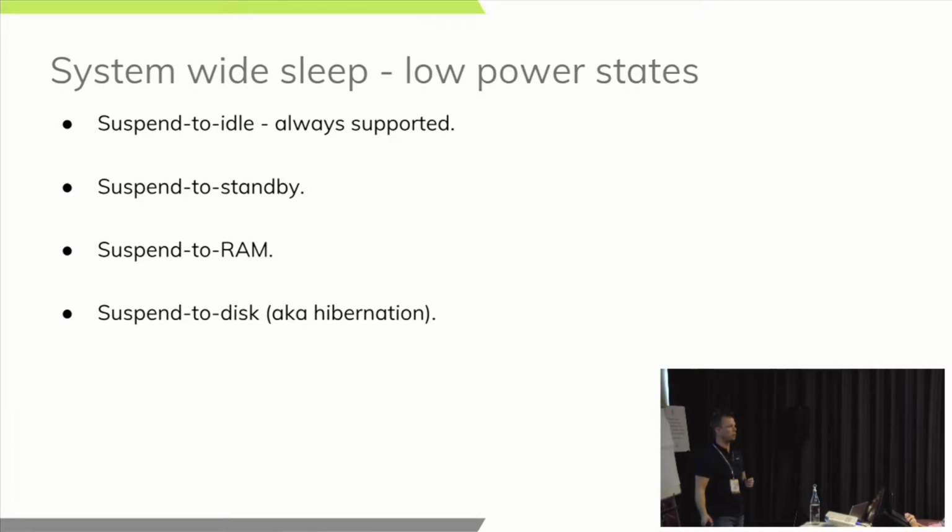When you power the system on again, you will see that this image is there, and you use it to restore the state of the system. So you are able to boot much faster than a fresh boot. That's the important part when you consider this a low power state.